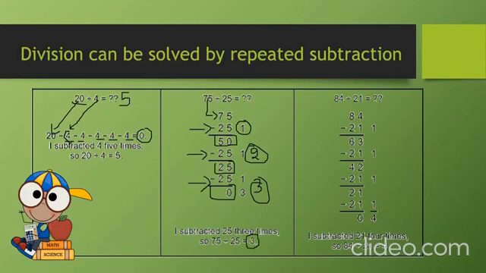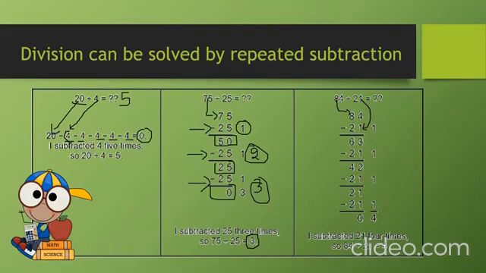84 divided by 21. 84 is the top number, while 21 is the bottom number. 84 is the top number, and it's the dividend. So 84 minus 21 equals 63.